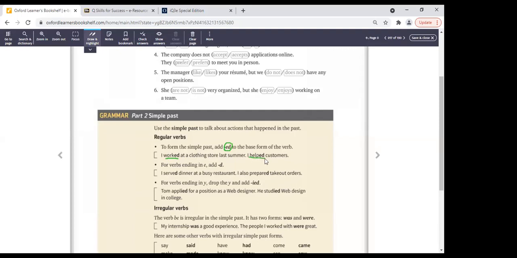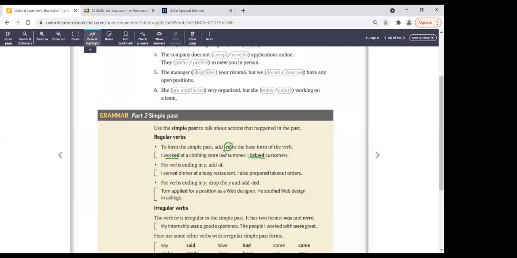What else can we add? Sometimes it's not ed. Salih? Helped, t?